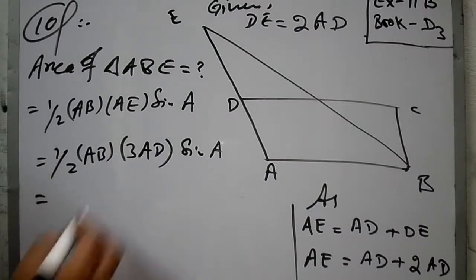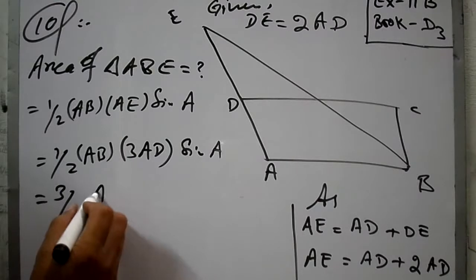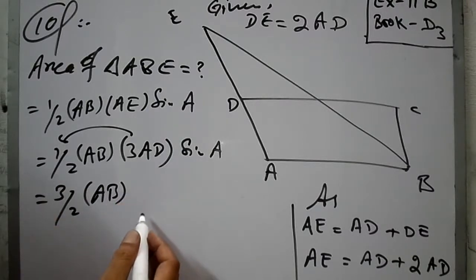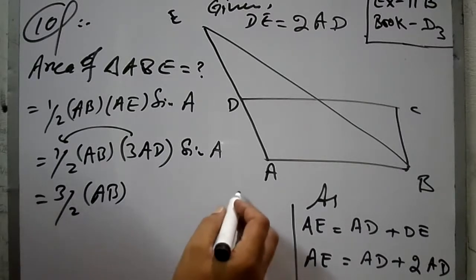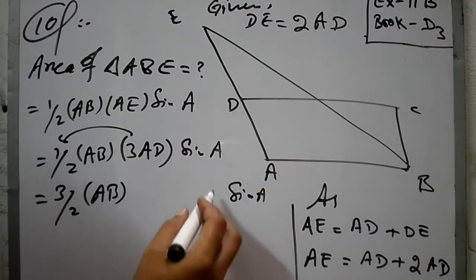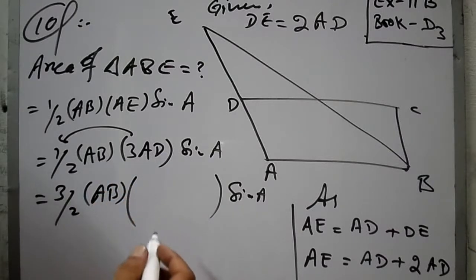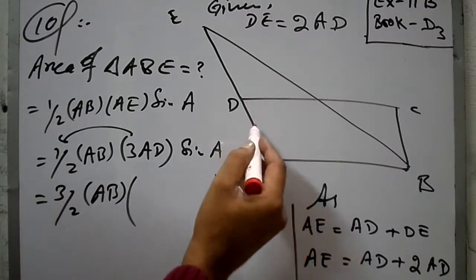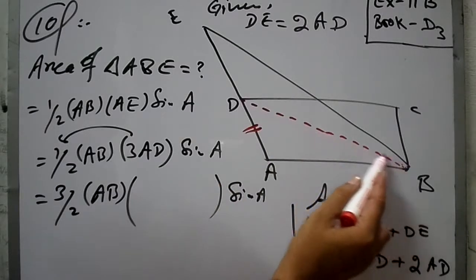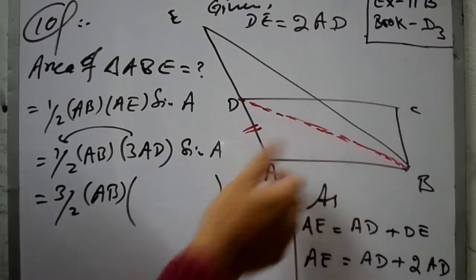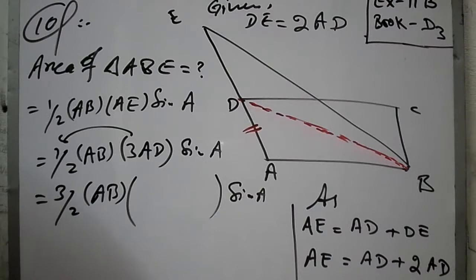If we go further, you will get 3 by 2 AB times AD times sine A. But the value of AD, if this parallelogram is divided into two triangles, you will get this triangle.